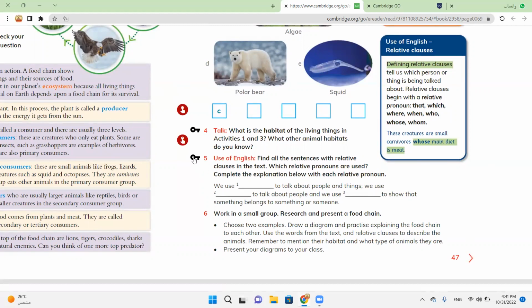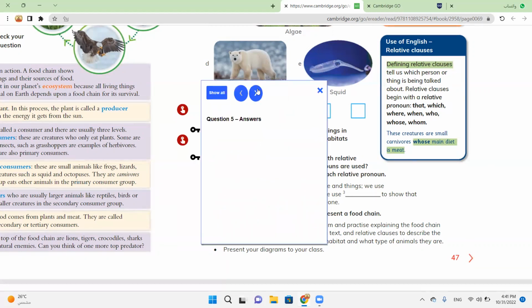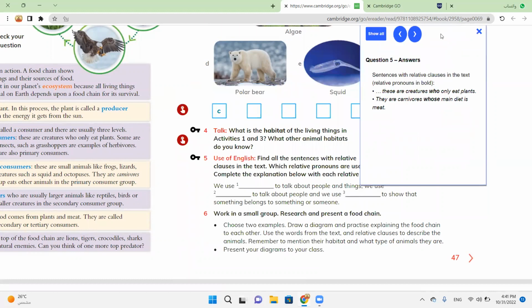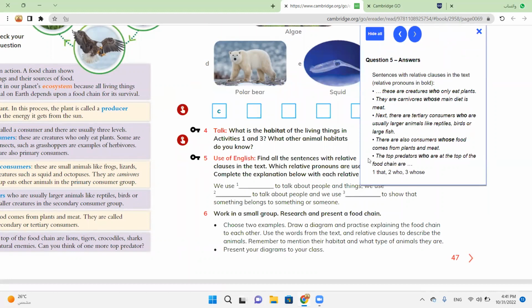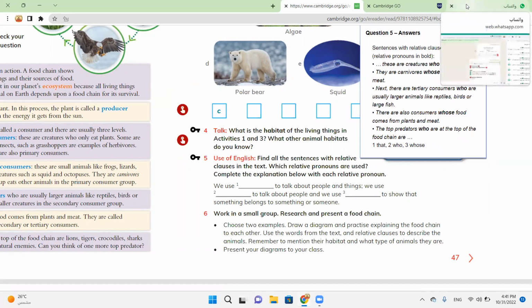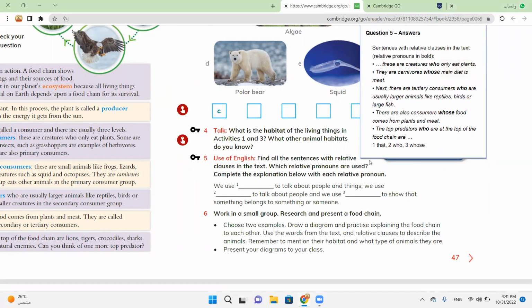So try to take your time and do the exercise. If you have finished, you can check the answers here. Number 1, that. We use that to talk about people and things. That animal, that person. Number 2, to talk about people, we say who.